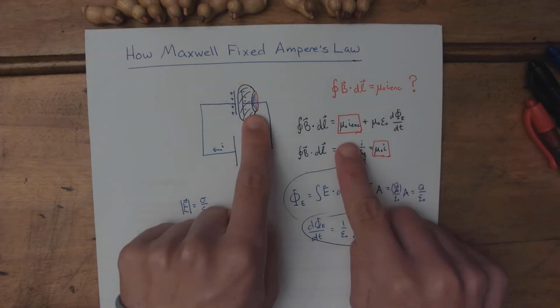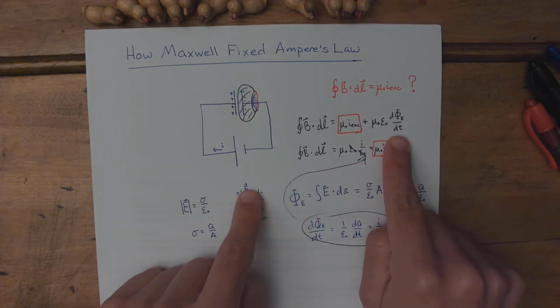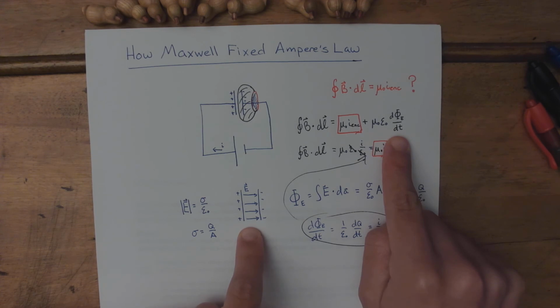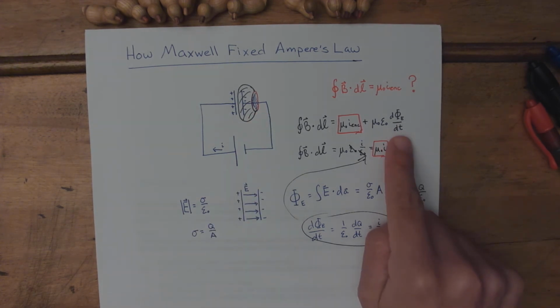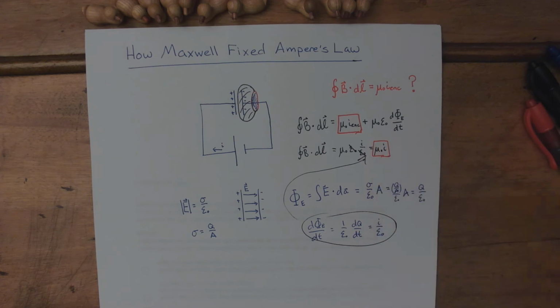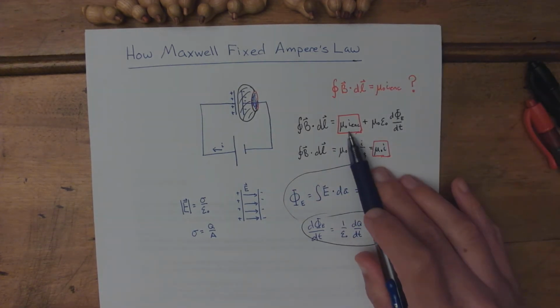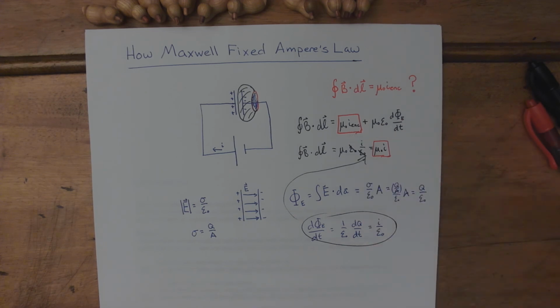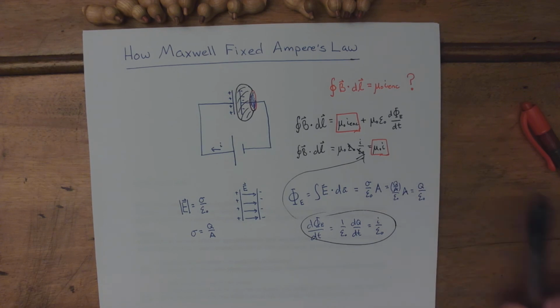If you did use the blue shaded surface here, when you calculate the electric flux, because we said we only have an electric field between the two plates, then the electric flux itself is equal to 0, and it's not changing, so the derivative is equal to 0. Okay, so we have the blue shaded surface here, which gives us just mu naught times I, and then we have the black shaded surface, which looks like a bubble here, also giving us mu naught times I.